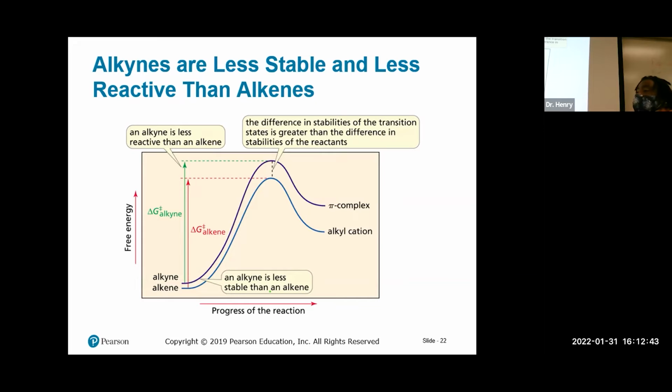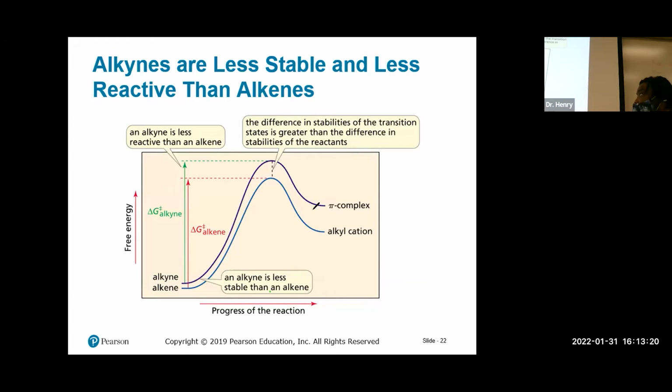So we know that the alkene is more stable than the alkyne. However, when we're talking about the cation, look at the energy level, right? So what is going to be more stable? Think about lower energy level, more stability. Now, I'm not just looking at this slide overall, because we talked about stability, right? So we know that there's one that is very unstable. What is the one that is very unstable?